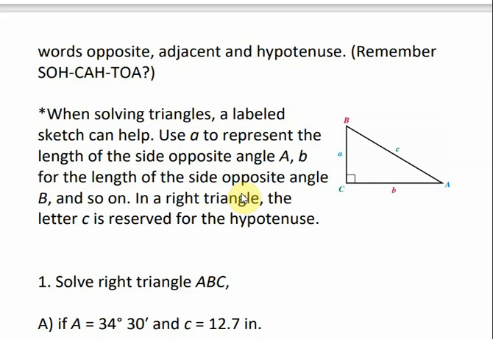Whatever angle is A, the side that's opposite that angle would be labeled lowercase a. Whatever angle is capital B, the side opposite that angle would be lowercase b. And we always reserve angle C to be the right angle. And then, of course, the hypotenuse would be lowercase c.